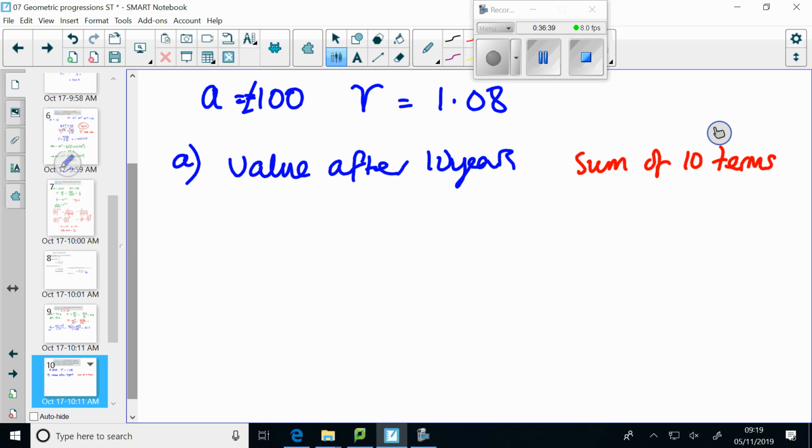Which formula do we want? Hang on, do we want to find the sum of 10 terms? Is the bank going to give you the £100 every year as well? So what we want to know is how much is in that bank account in year 10. So we want to know the 10th term.